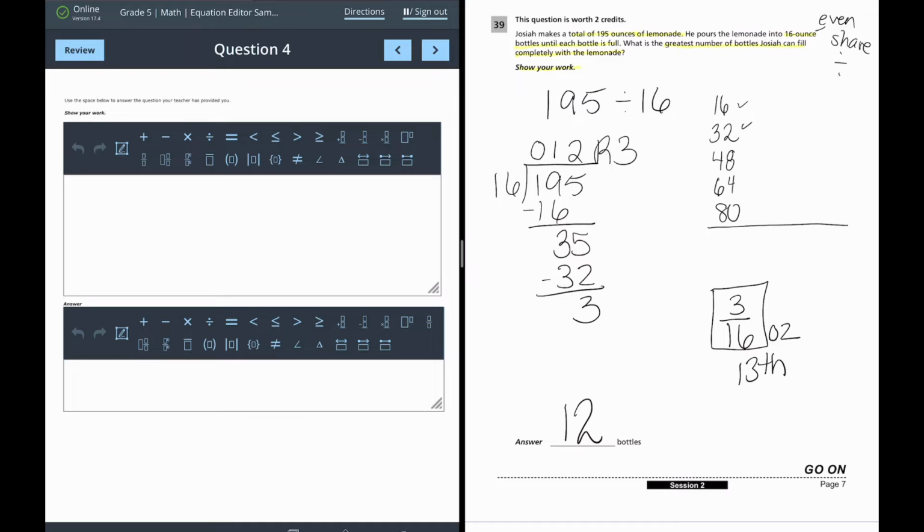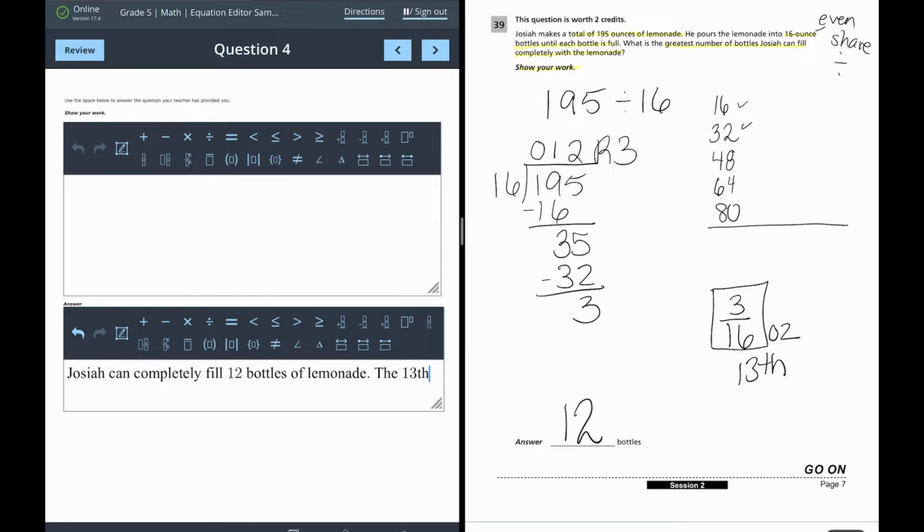So what's the most important thing for me to put here? I am going to put my answer, and again, I'm going to make sure it's a complete answer. What is the greatest number of bottles Josiah can fill completely with lemonade? Josiah can completely fill 12 bottles of lemonade.